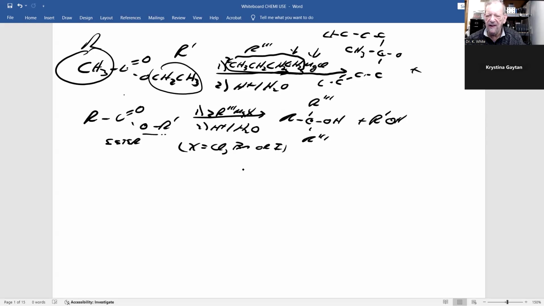And remember, you don't break carbon-carbon single bonds, and there's 4 bonds to carbon. And then we also get this alcohol from this R prime group, which in this case is ethanol. And that's how you do it. Oh, that was fun.